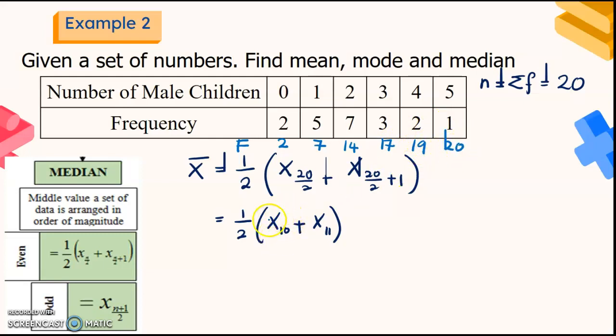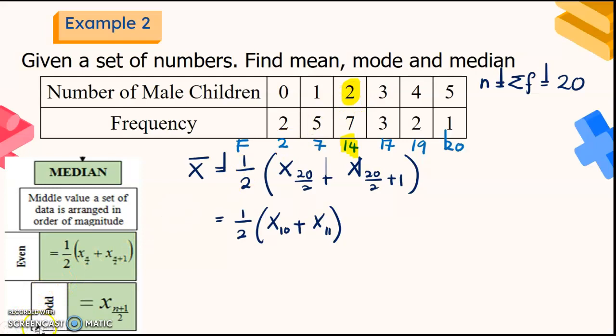So we are going to determine our x10. Our x10 will be here, because x8 until x14 is number 2.